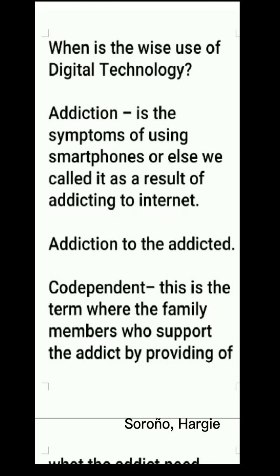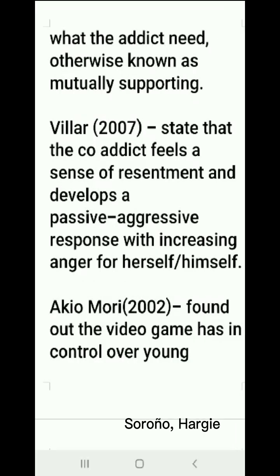Addiction to the addicted: codependent. This is the term for family members who support the addict by providing what the addict needs, otherwise known as mutually supporting. Villar 2007 states that the co-addict feels a sense of resentment and develops a passive-aggressive response with increasing anger toward herself or himself.